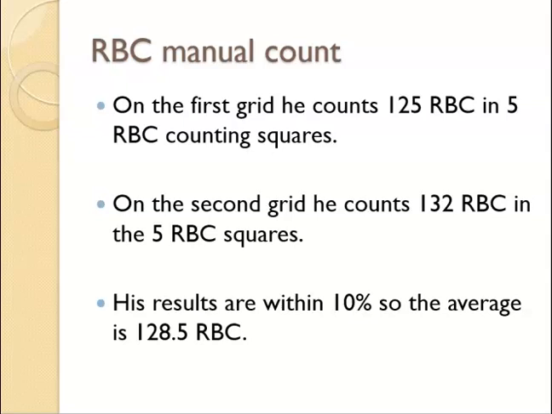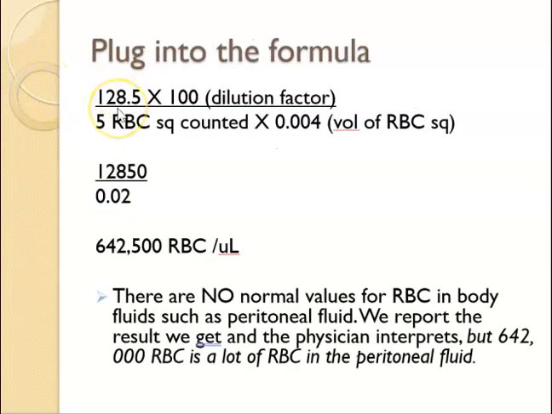His results are within 10%, so the average is 128.5 red blood cells. So now on the next slide, let's plug that into the calculation. So we're going to plug in the average for both sides of 128.5 red blood cells times our dilution factor, which is 100.